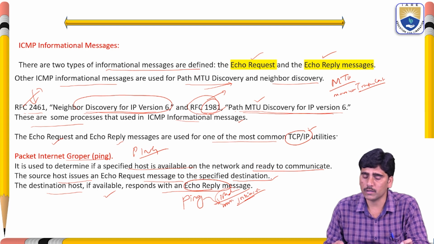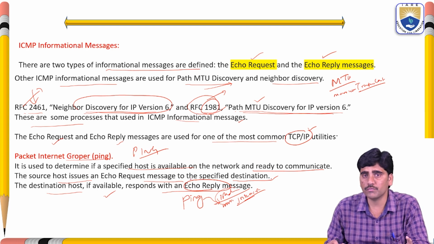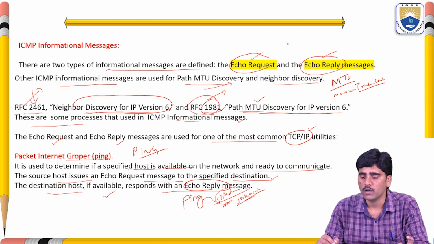If the destination is not available, then it does not respond with the echo reply message. If the destination is available, then it responds with the echo reply message. Based on this, we can say that echo request and echo reply are the two informational messages of ICMP.